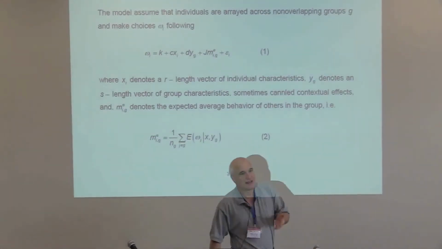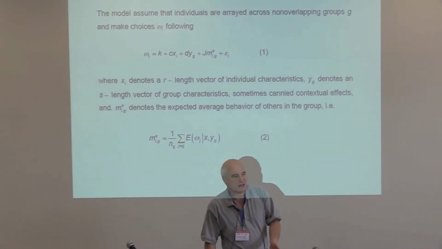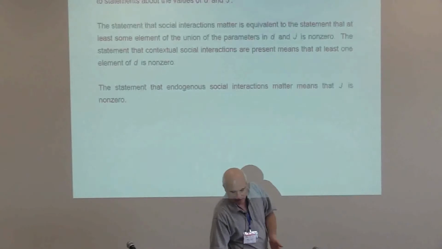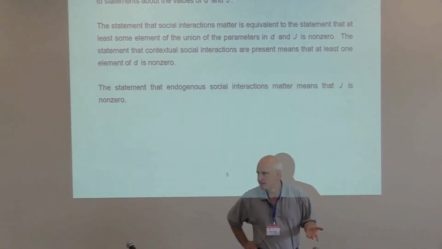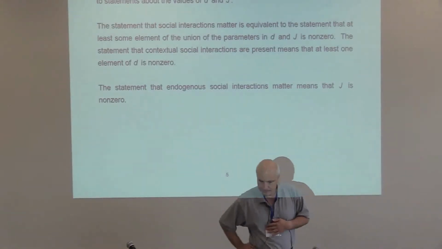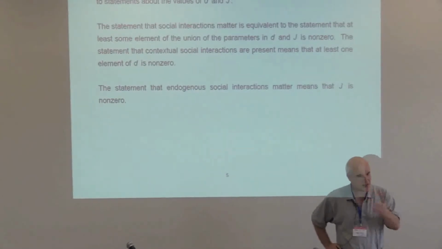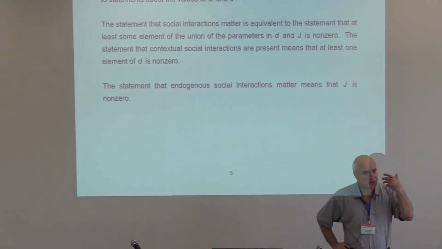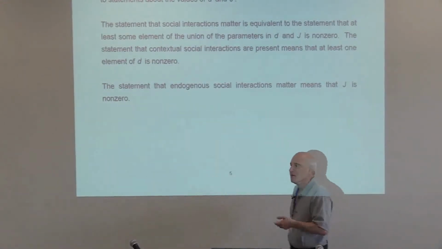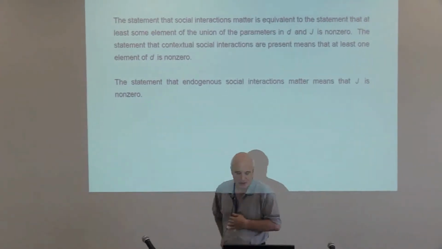And so in this model, the social interactions idea is simply a statement about coefficients. In other words, it's a statement that either D or J is non-zero. Now, to be clear, the identification question is slightly different, which is asked whether I can distinguish them uniquely given the data. But the thought experiment is to say if they're non-zero, then we have a claim, a proposition about the role of social phenomena.